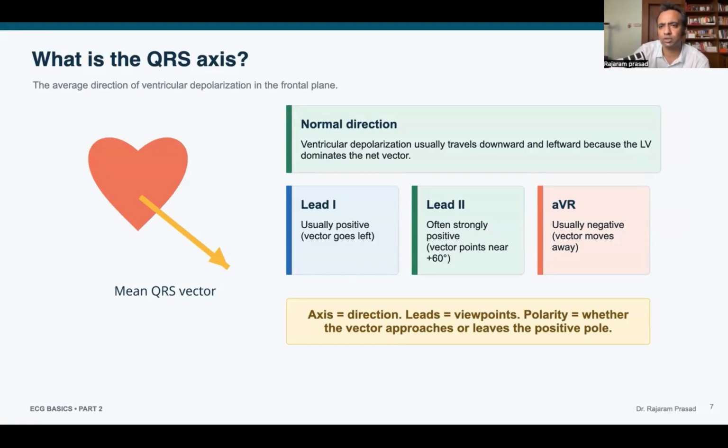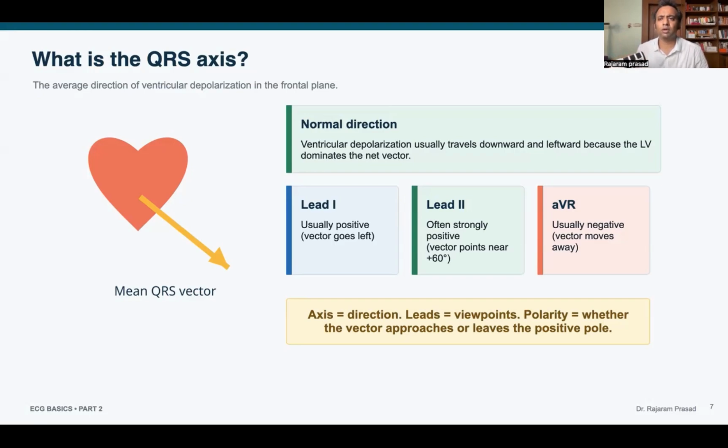Lead 1 and lead 2 are strongly positive, and aVR is usually negative because it looks from the right shoulder, and the vector is going downwards, away from it. So aVR will always be negative in a normal ECG.